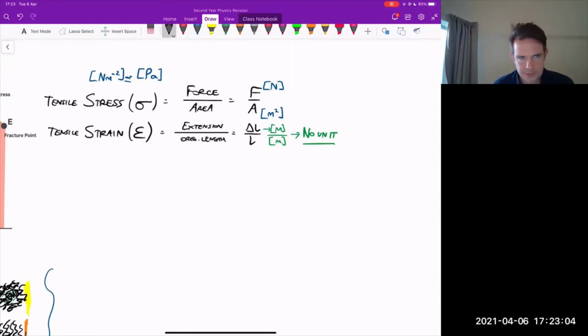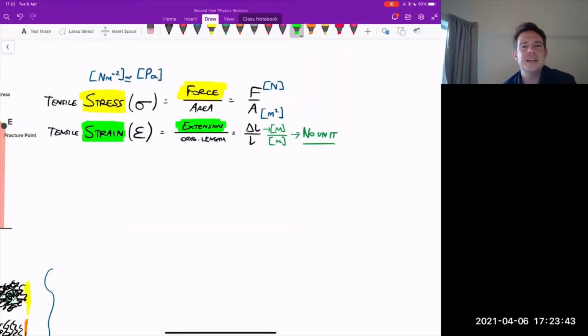Now, I find it useful when I'm thinking about the behavior of materials or looking at a stress strain graph to think to myself, well, stress fundamentally is to do with the force we're applying. Yes, it tells us the force per unit area being subjected upon the material, but it's basically force. And strain is very much related to the extension. It's what fraction of the original length we have extended by.